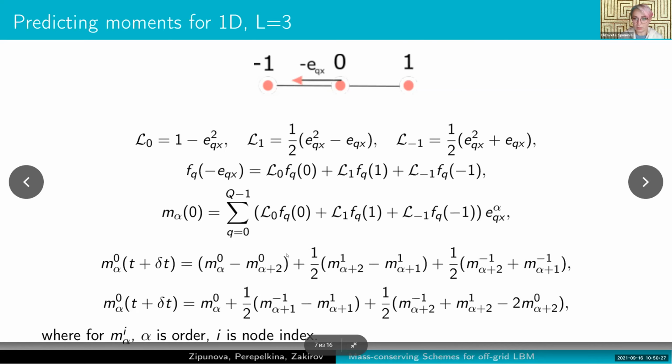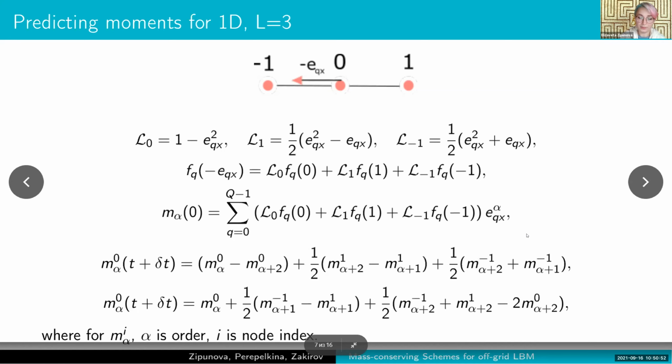On the last two lines, moments have superscripts and subscripts. Here and after, superscripts correspond to coordinate, and subscripts correspond to the order of the moment. So you can see such interpolation provides symmetric flows, and such flows ensure conservativity.